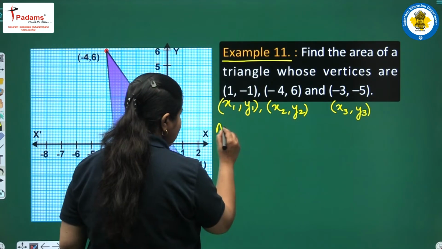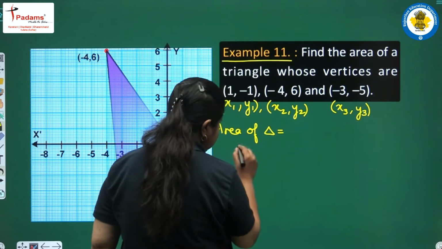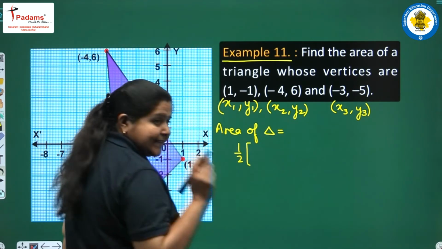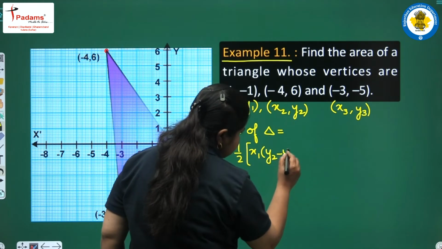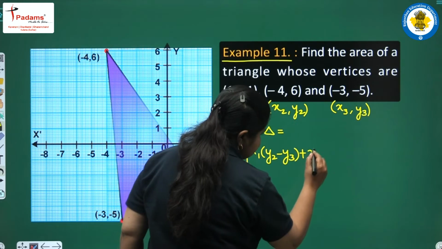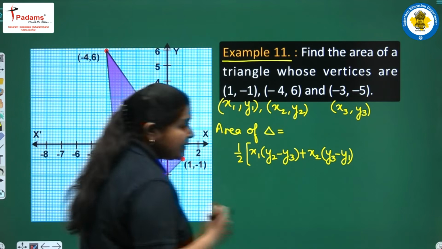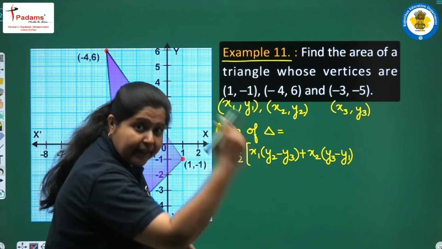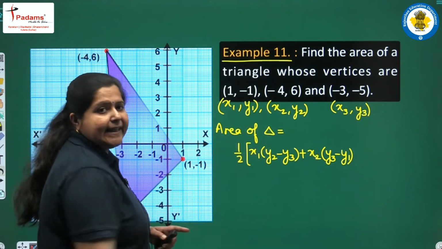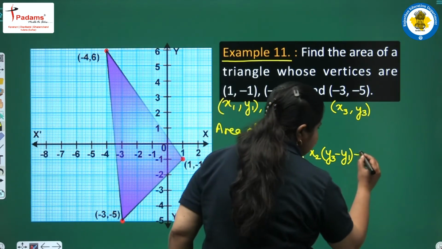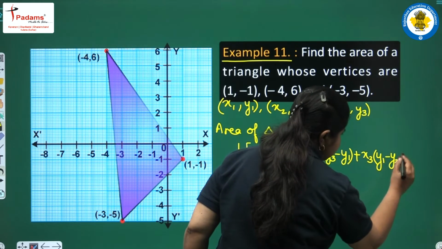Now the area of the triangle will be equal to half into, let us write the formula once again, x1 into y2 minus y3 plus x2 into y3 minus y1. Just remember the cycle, 1 then 2 then 3 then again 1. If you remember this cycle, you will easily be able to write the formula. Then x3 into y1 minus y2.